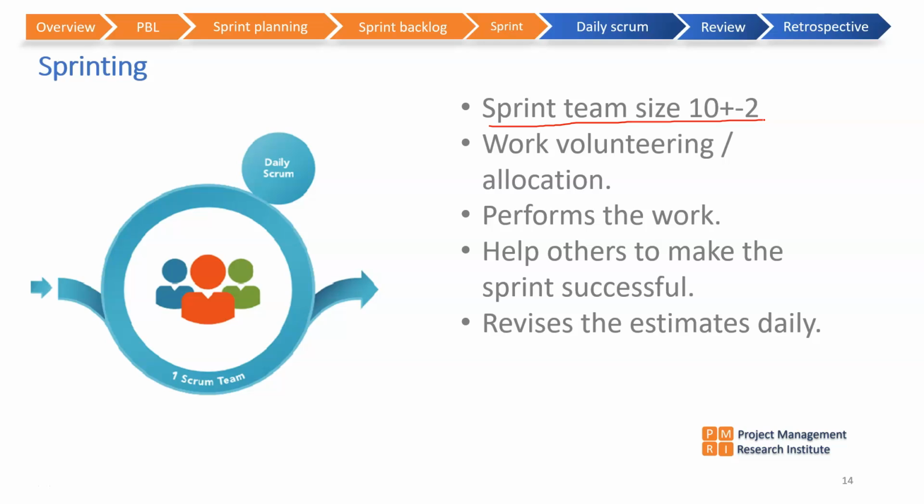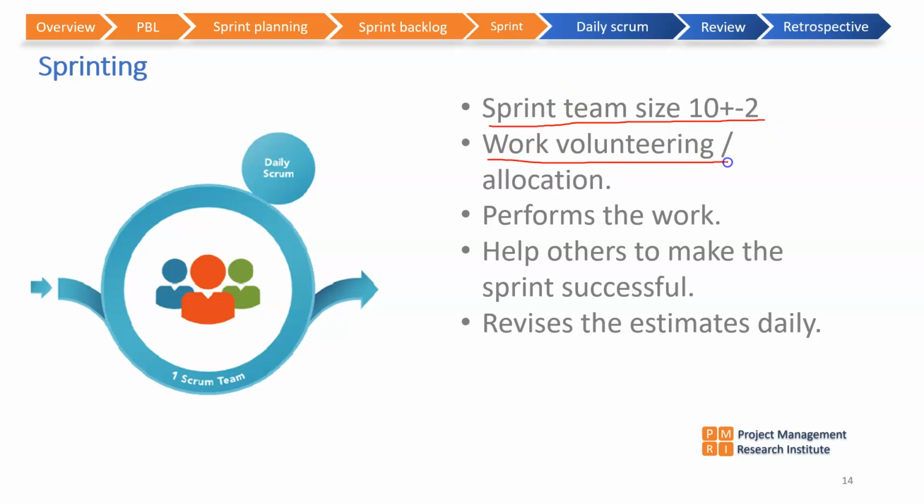The Scrum Master may be the same and the product owner may be the same, but there would be 10 teams working on the same product. If the team size increases, the effectiveness of Scrum reduces and meeting times will increase. So it is stipulated at 10 plus or minus 2.